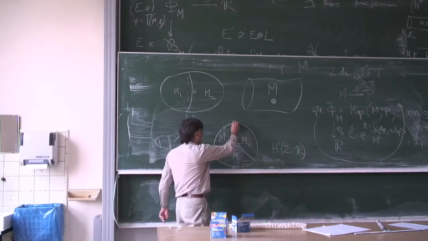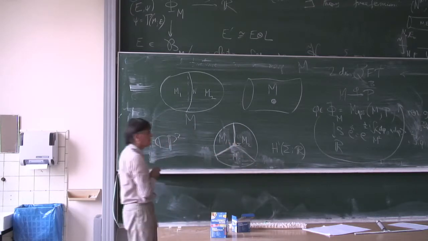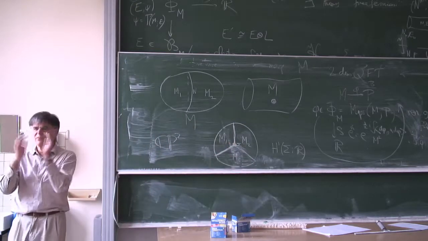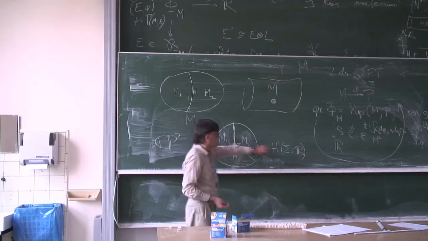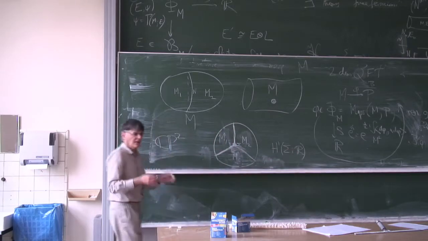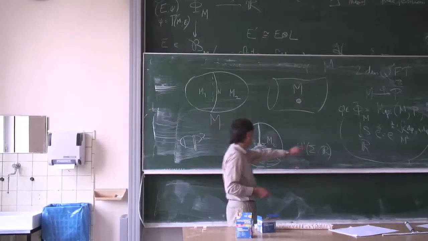So here we have some three manifolds with boundary. Each of them has boundary sigma. When you have a three manifold with a surface boundary, the image of its cohomology in this gives you a Lagrangian subspace in this cohomology.